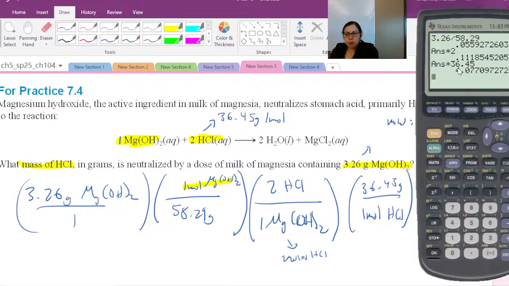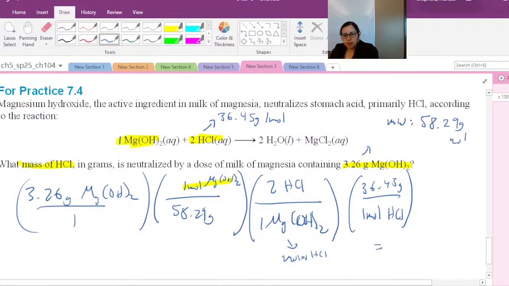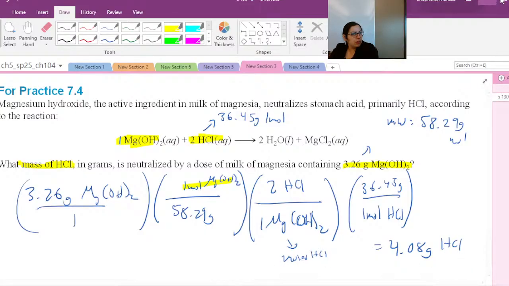I get about 4.07 grams, or 4.08, so we want to round to 3 sig figs. So 4.08 grams of HCl. Questions on this one?